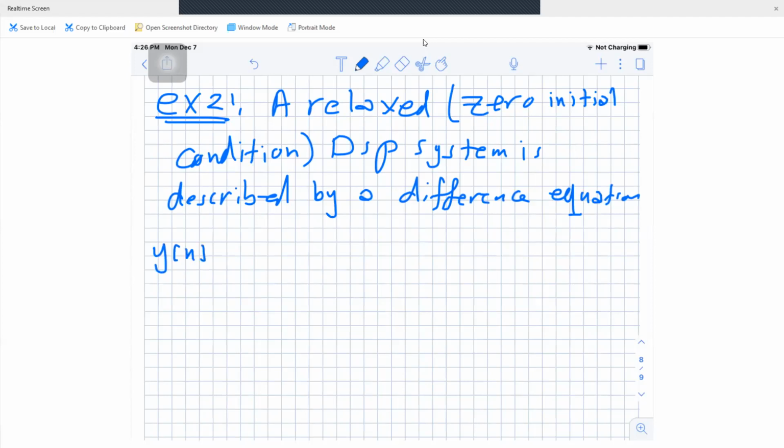Y of n plus 0.1 y of n minus 1 minus 0.2 y of n minus 2 equals to x of n plus x of n minus 1. Well, now this will be this system.